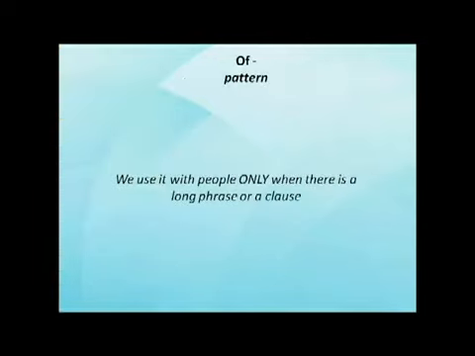We only use the of pattern with people or when there is a long phrase or a clause. Example: that is the plane of a famous businesswoman from the south of Argentina.